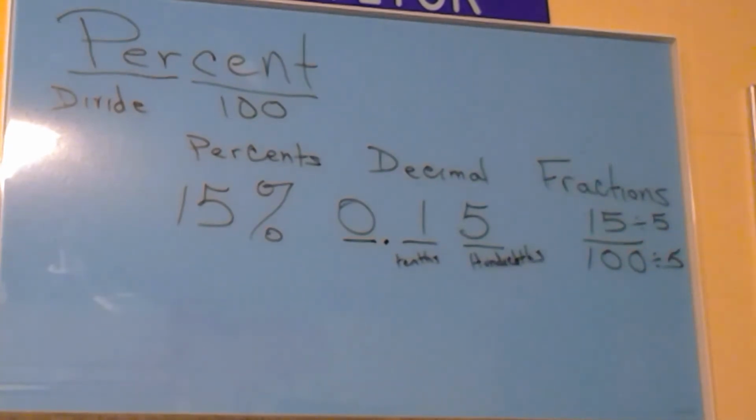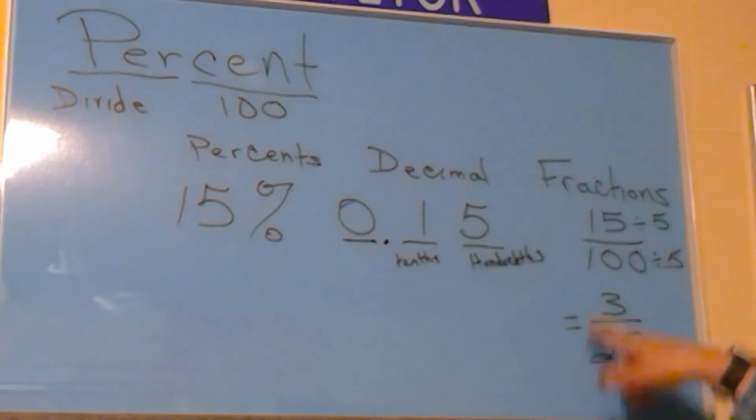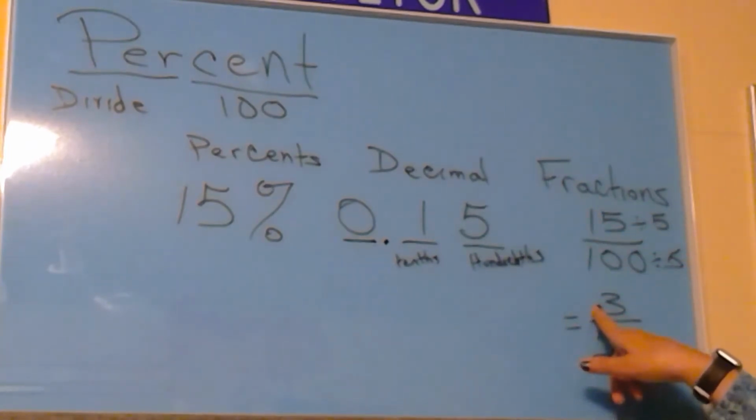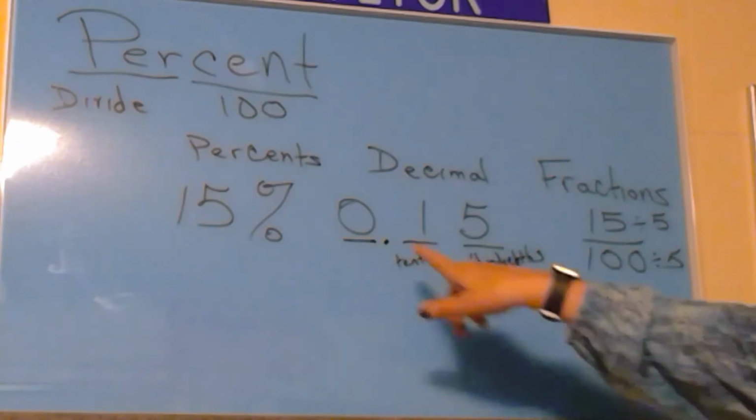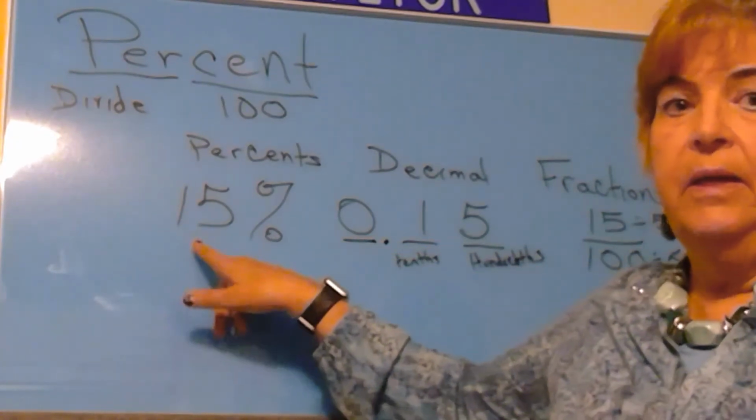So I can divide the top and the bottom, the numerator and denominator, by 5. And that's going to give me 3 over 20. 3/20ths is the same as 15 hundredths. The decimal you would read is 15 hundredths, and the percent is 15%.